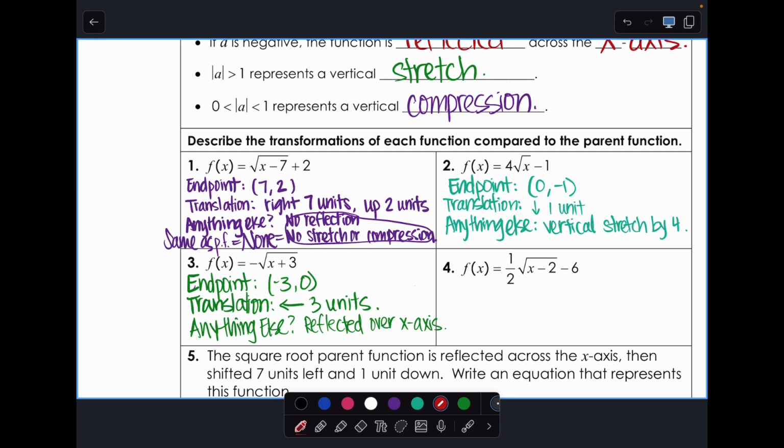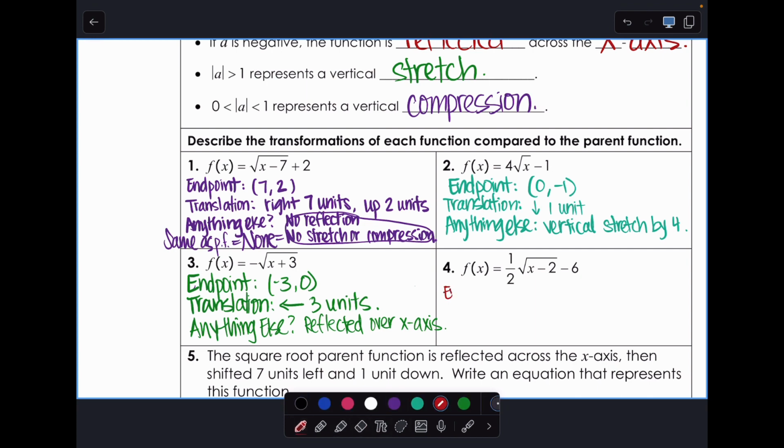So in front of the radical, if I have, let's say, instead of this half, a negative 1/2, that means it's reflected over the x-axis and it has a vertical compression by half. So it's both. But in this case it's not, so let's go ahead and write this in.